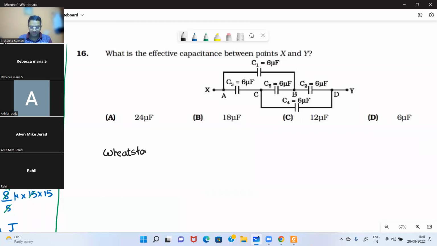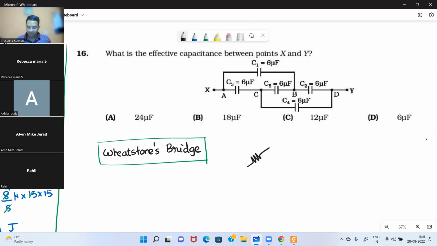So if you look at the Wheatstone's arrangement in electricity, you will have 4 resistors connected like this. There will be 1 resistor connected here, and you have a battery here.